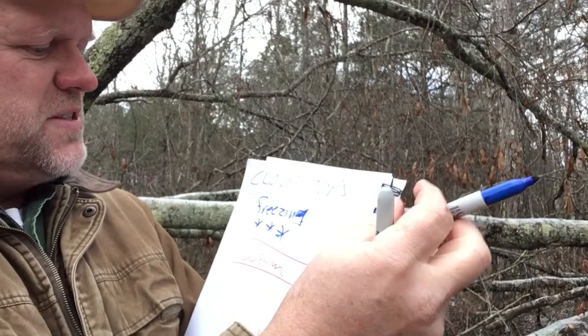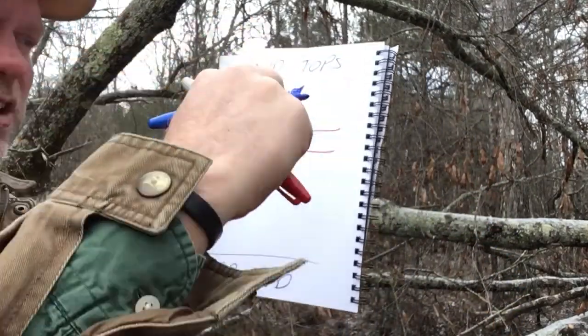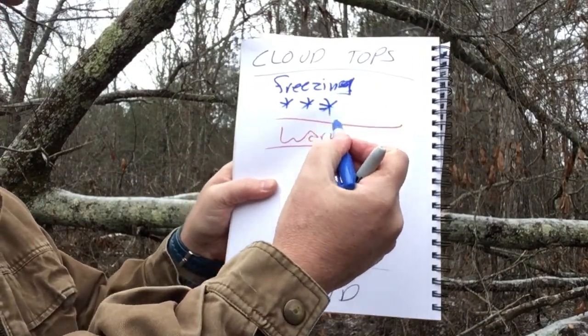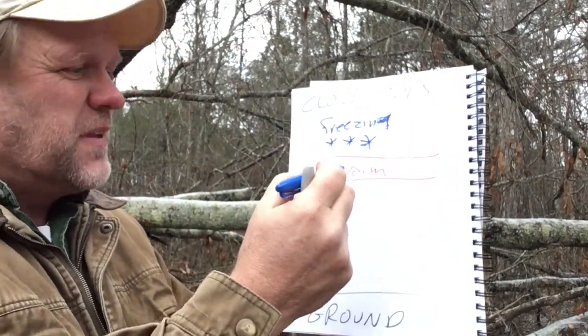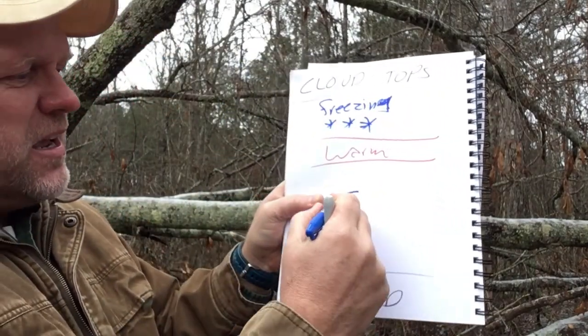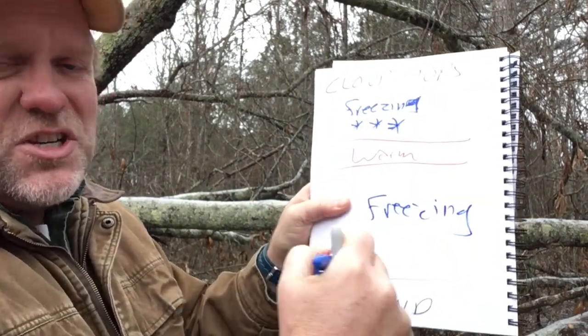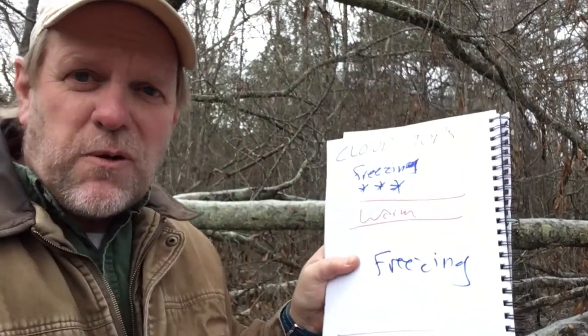If that warm air is a smaller layer, aloft, then as these snowflakes hit that warm layer, they melt into water, but then as they pass back into another freezing layer here that reaches down to the ground, as they refreeze, that's what forms sleet.